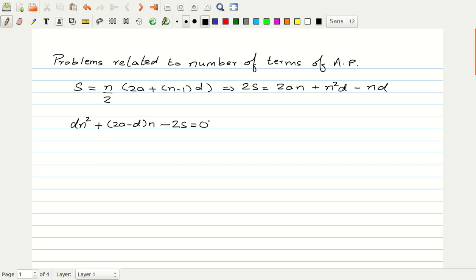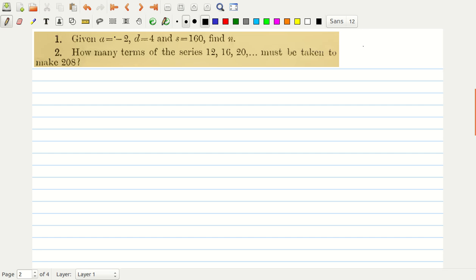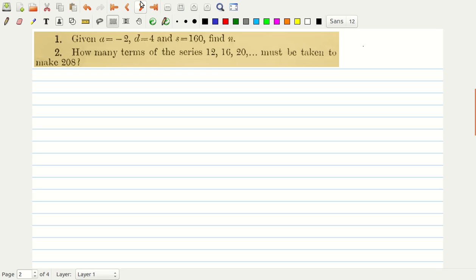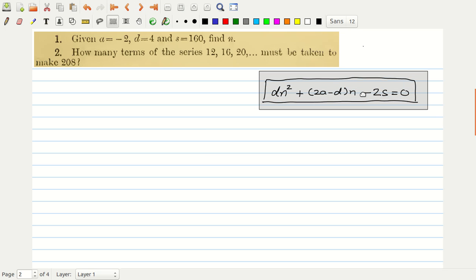So, this is the quadratic equation that we can solve to find the values of n if the common difference, the first term and the sum are given. So, let us simply apply this formula here. I will just copy this formula for your reference. This is the formula that we have to apply.